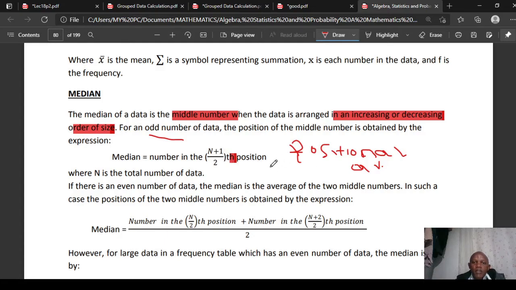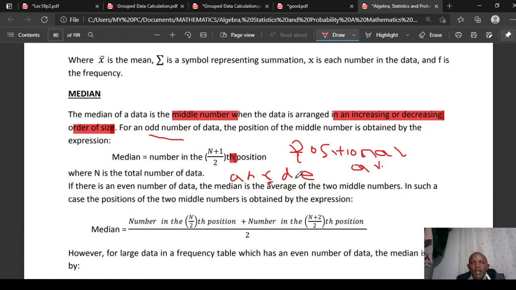A simple illustration is this. You have got five letters: A, B, C, D, and E. The question is, what is the middle position of these five letters? Obviously, the middle position is 3. But how do you get that mathematically?